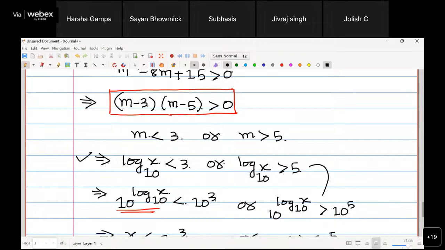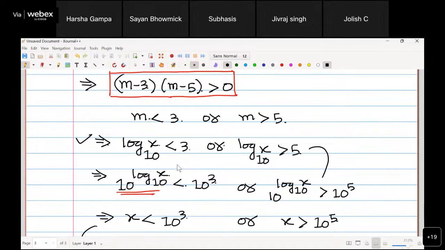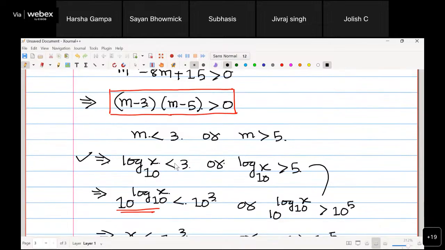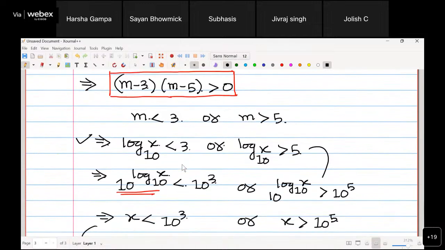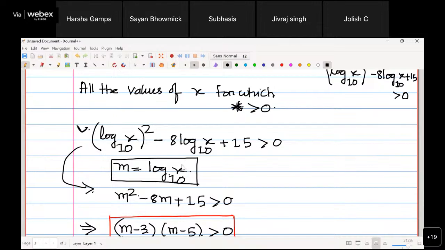If we put negative values of x, then the function will not be defined. We also have to state that it must be greater than 0. When we are changing to the exponential function, we have to specify that x should be greater than 0, because if not, then log x will not be defined.